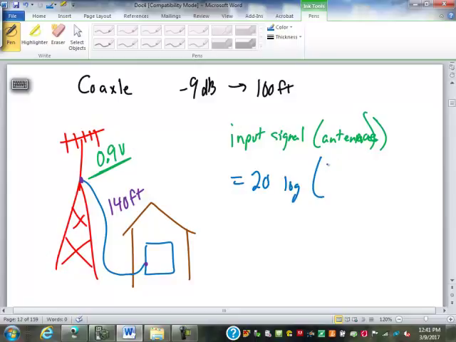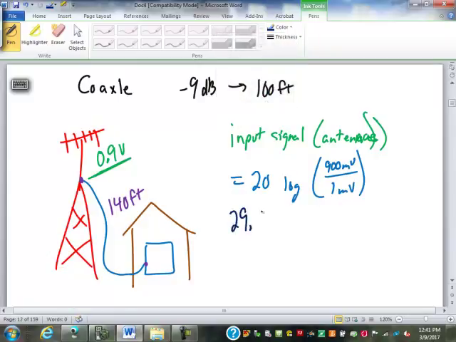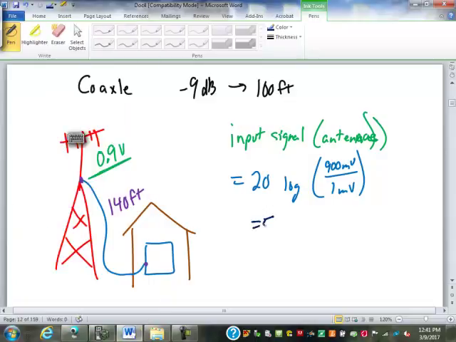Now 0.9 volts, I'm going to change that to 900 millivolts. 29.54 sounds about right. 59.08 is what I get. That is dBmV.